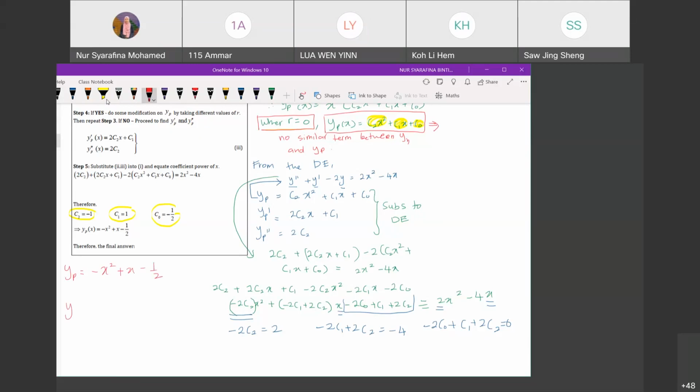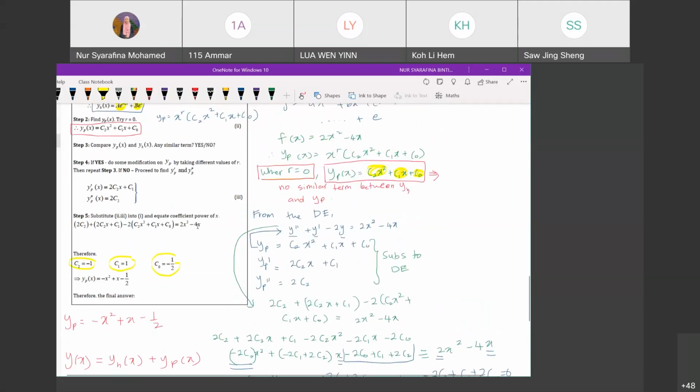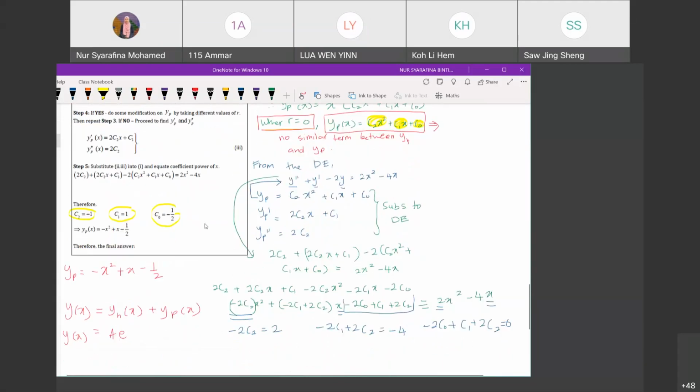So the final answer should combine both YH and YP. So your YH is A e to the minus 2x, combined with YP.